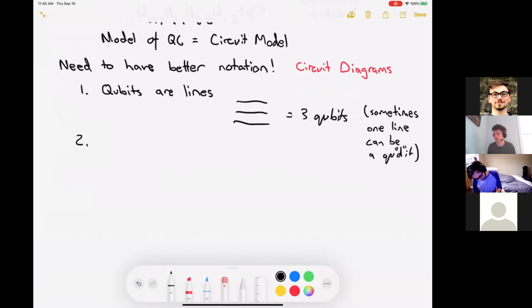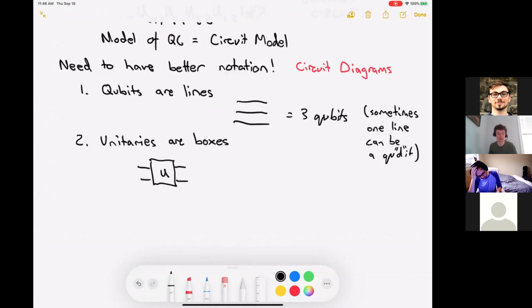Now we need to represent unitary matrices being applied to these qubits in some way. Unitaries, we're just going to represent as boxes. And they're going to be boxes that have input lines coming in from the left and output lines going out to the right. And those lines are the qubits that unitary does stuff to, right?